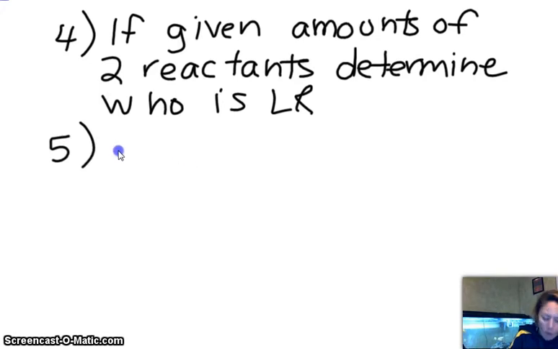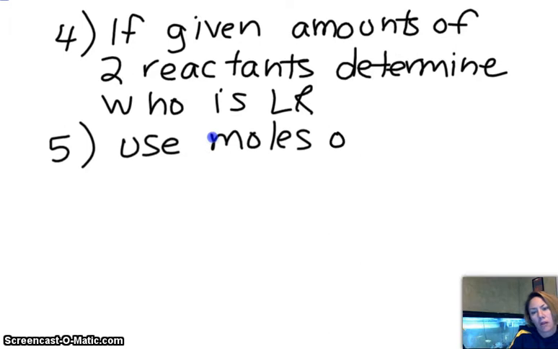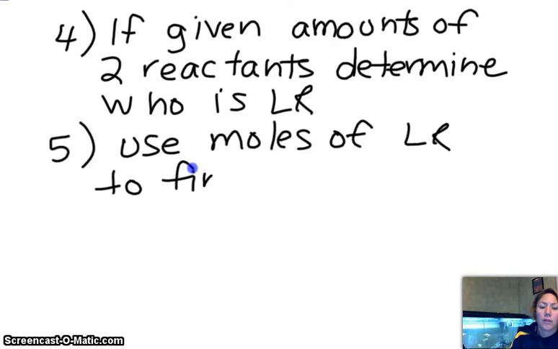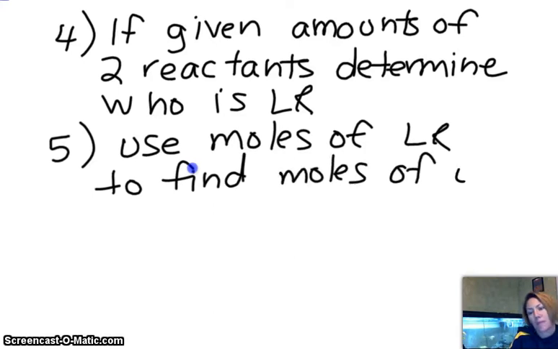Then you'll do a mole-mole. You'll use the moles of your limiting reagent to find who they ask you about. So you use the moles of your limiting reactant to find the moles of your unknown.